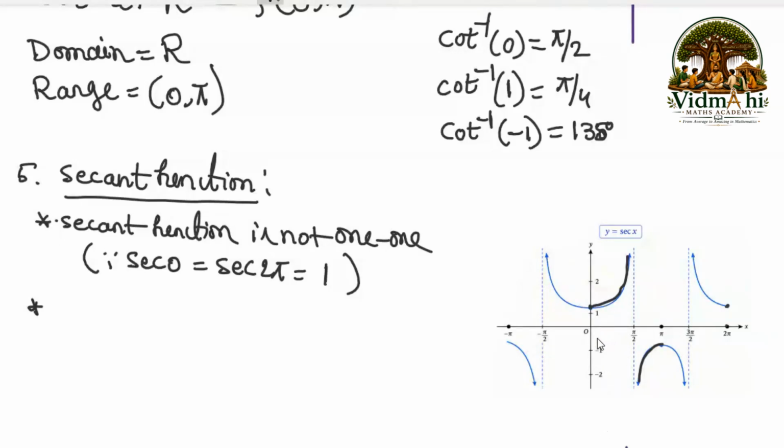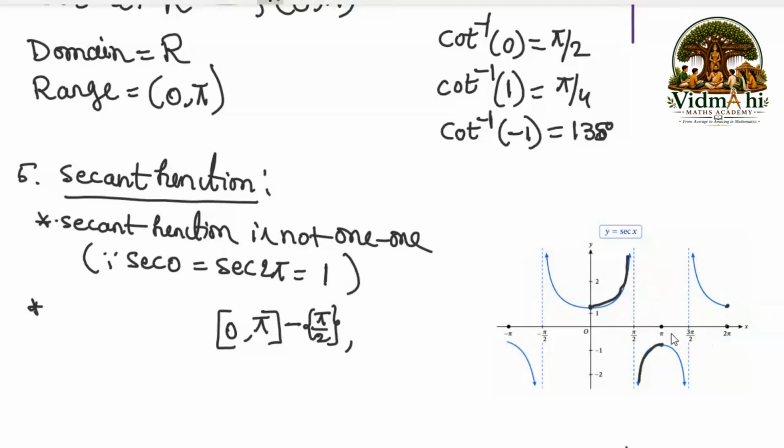So we have to consider here the interval 0 to pi except pi by 2. So consider the closed interval 0 comma pi except the pi by 2 value, because at pi by 2 the secant value is not defined. So in this interval the function is one-one.